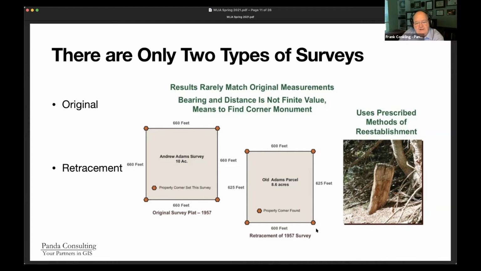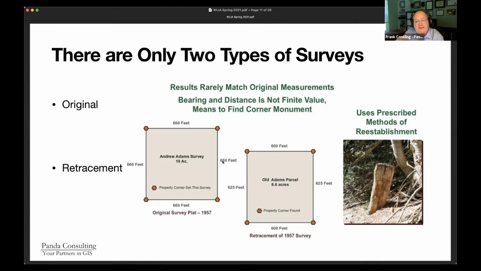Well, a retracement that was done after the fact found that, in fact, the difference between the monuments was not 660 feet north-south, but rather it was only 625 feet. That does not mean that the purchaser actually has 35 extra feet that goes into an adjoining property.